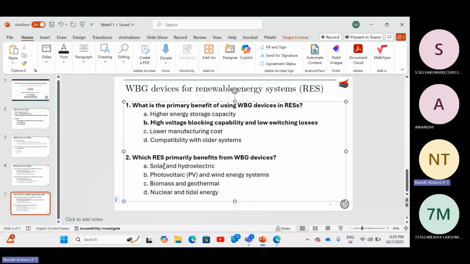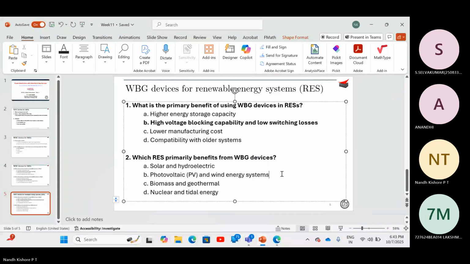Okay, so can you try to tell which renewable energy system primarily benefits from WBG devices? Will it be solar and hydroelectric, or is it PV and wind energy systems, biomass and geothermal, nuclear and tidal energy? Right. So, yeah, correct. So the answer is answer B.